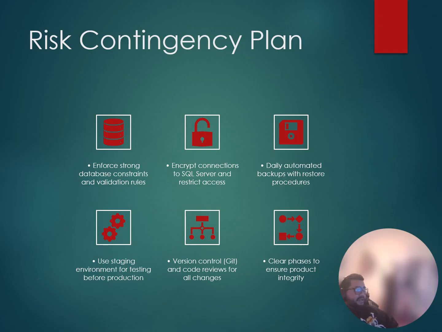Daily automated backups, so make sure we have a locally stored backup as well as one in the cloud. And last but not least, we're going to use version control utilizing GitHub in order to maintain our program integrity as we go through the phases of this development.